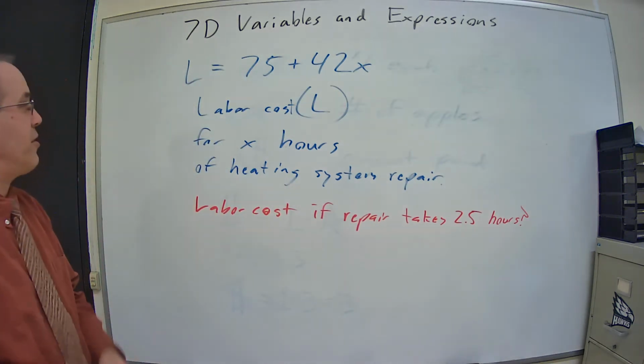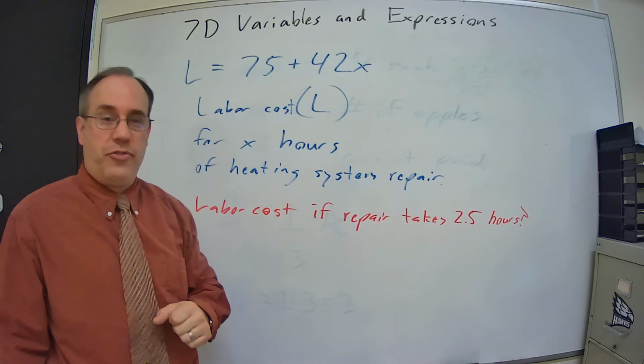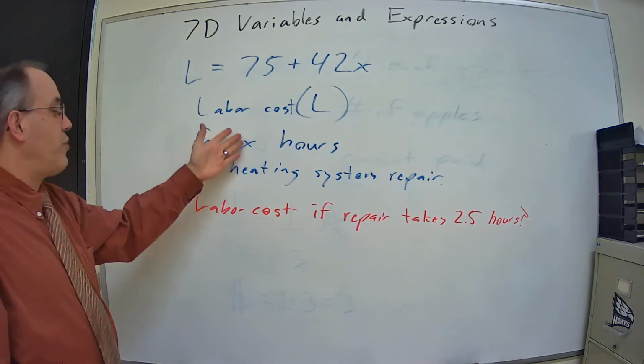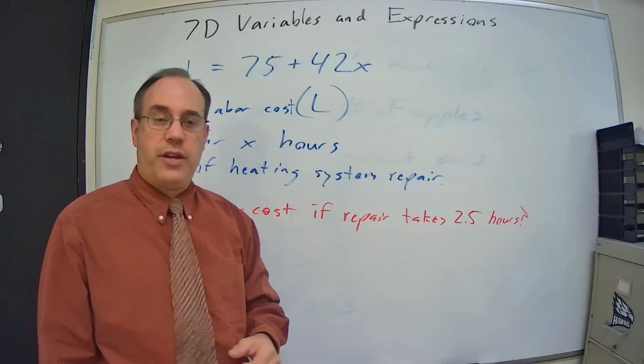All right, so there's our question. We have our equation with a couple of variables in it. We know what those variables represent, and now we're asking what's the labor cost if the repair takes 2.5 hours.